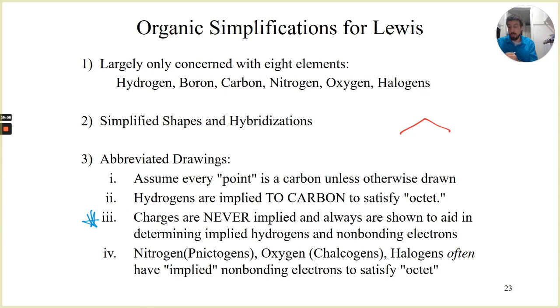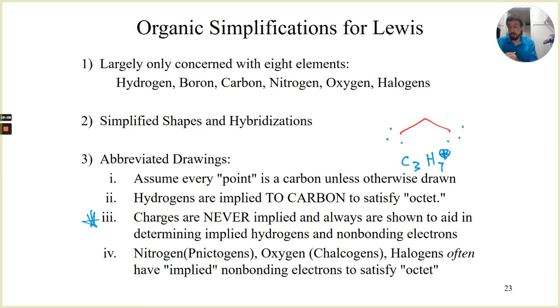So if I drew out this, we might go through and say, well, this is C3, H 1, 2, 3, 4, 5, 6, 7, 8, H8. But what if I wanted it to be C3H7 with a negative charge? Actually, I'm going to make it a positive charge. If I were to draw out that Lewis structure, there's going to be a variety of ways to draw this, but I would need to specify that positive charge.